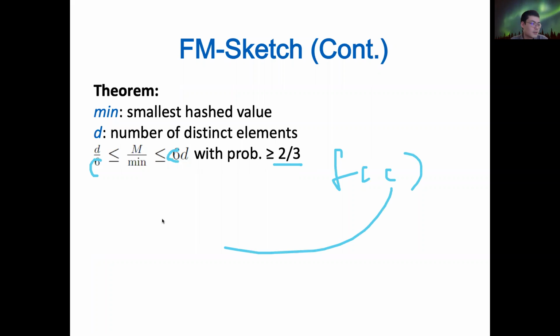The constant depends on C. When C is equal to 6, it's 2/3. The proof we will see later holds for any C. And C can go very close to 1. But when you go closer to 1, 1 plus epsilon, when epsilon is very small, then the probability will drop. To be super tight will be low. But again, it's a constant.